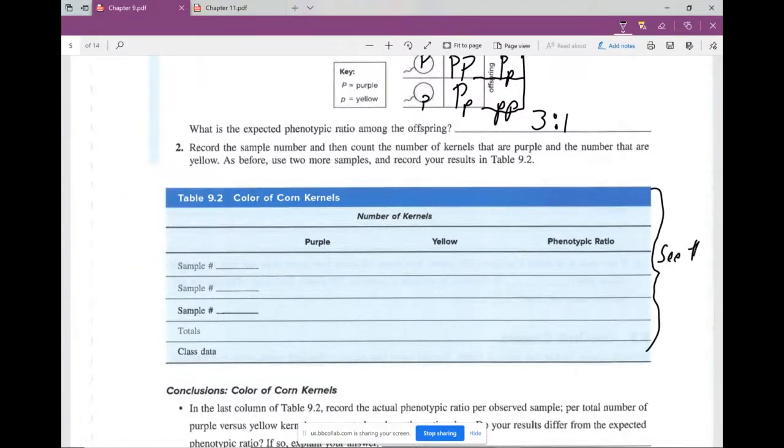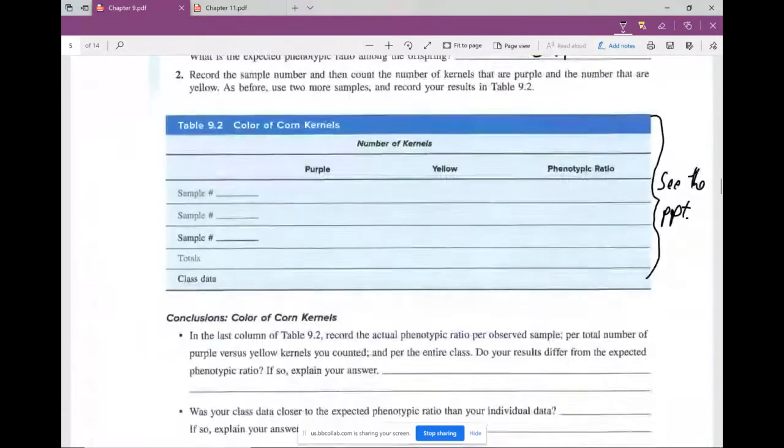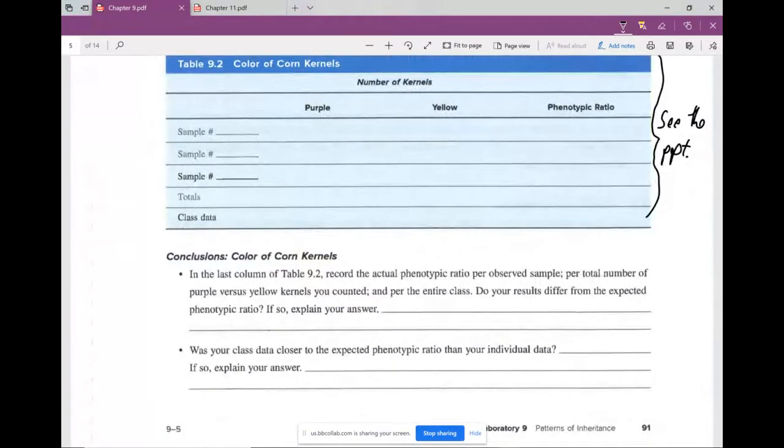See the PowerPoint, PPT for PowerPoint. So I have the answers for you there. Do your results differ from the expected phenotypic ratio? Our results, we'll say yes anyway. Our results, yes, they differed because, again, the same reasons as before.